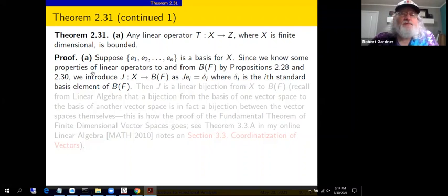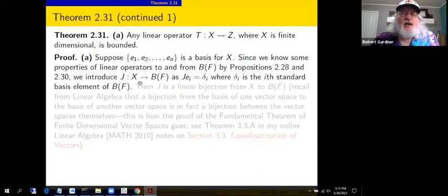We know some properties of linear operators to and from B of F, as described in Proposition 28 and Proposition 30. So we'll introduce a linear transformation J that maps X into B of F, and then another transformation that maps B of F into Z. So we'll be going from X to B of F to Z. We'll do some composition stuff.